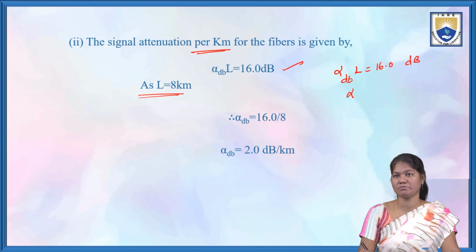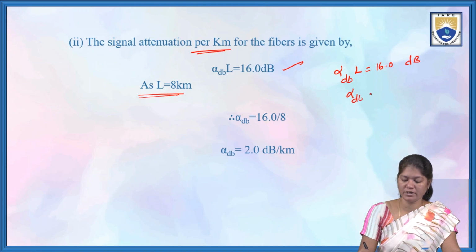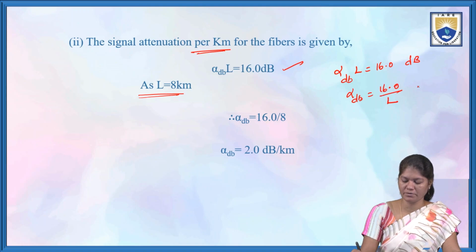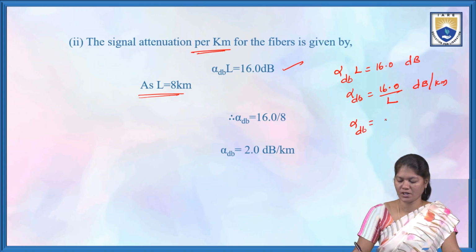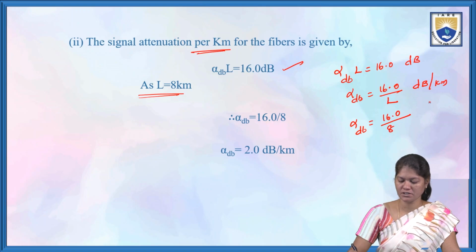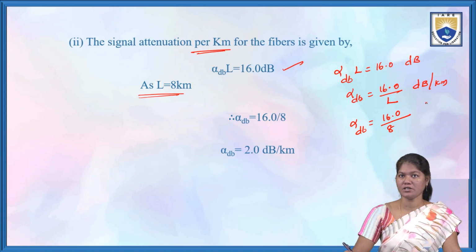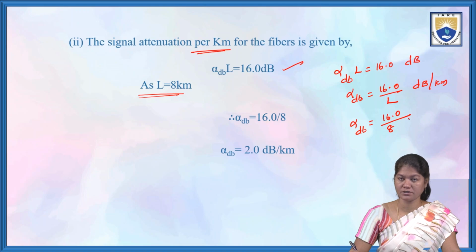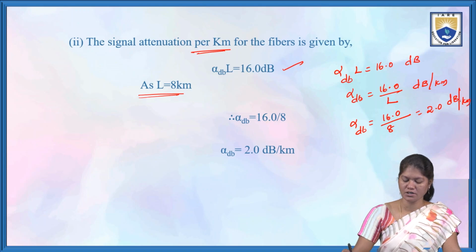So signal attenuation per kilometer, alpha dB, is equal to 16.0 divided by capital L, decibels per kilometer. So alpha dB is equal to 16.0 divided by 8 kilometers, because the length of the fiber is 8 kilometers. So that is 2.0 decibels per kilometer.